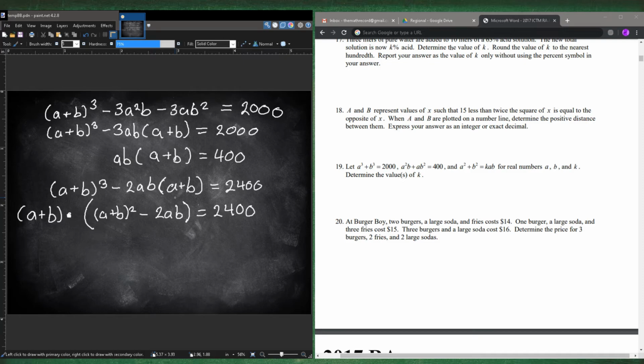So what we need to find is a squared plus b squared. So can we simplify this out, right?